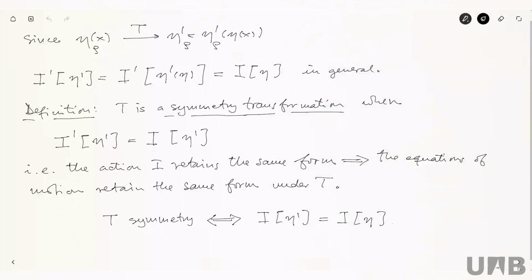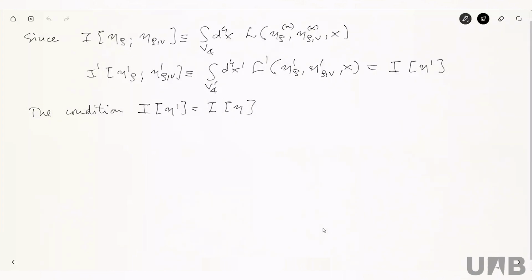So after I change fields, the action is the same, which leads to some form for the new Lagrangian. So the new Lagrangian as a function of the old fields, if I want the action to be the same, one condition is that the Lagrangian should be the same, right? So that's the obvious one.